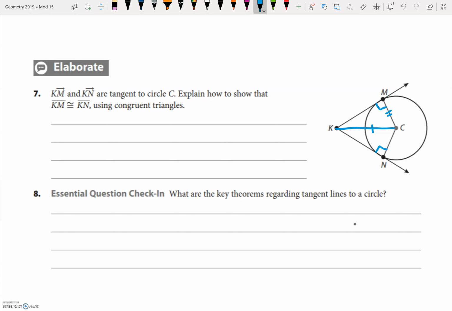Since this radius is the same as the other radius, we could say that these two triangles are going to be congruent because we have a hypotenuse-leg situation. So the two triangles are congruent, therefore these sides are congruent as well. And that's going to be important for your homework. So when you have two tangent lines that connect to create a circumscribed angle, we could say that those two legs are going to be congruent to each other.